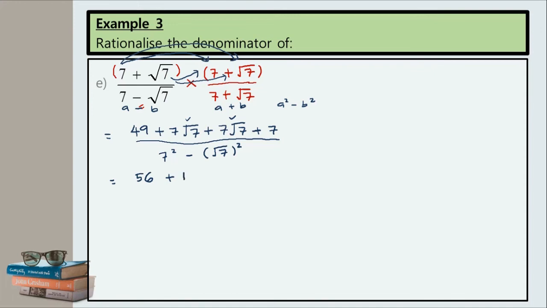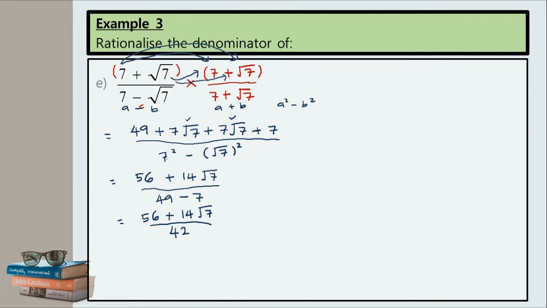So 7 plus 7, 14 surd 7 over 7 squared, 49 minus surd 7 squared, 7. So 56 plus 14 surd 7 over 49 minus 7, 42.